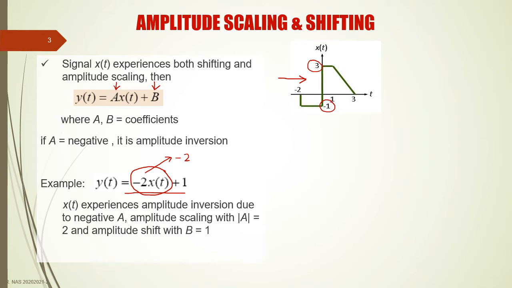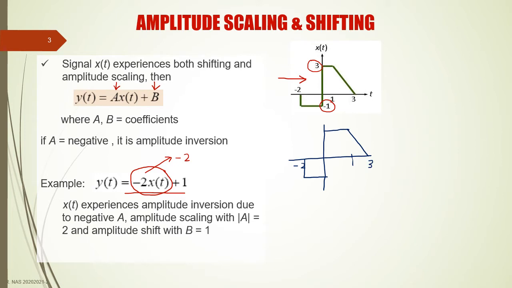So how does the signal look? Now the same signal at the same t, because there are no changes on t. So this is still -2, and here is 1, and here is 3.